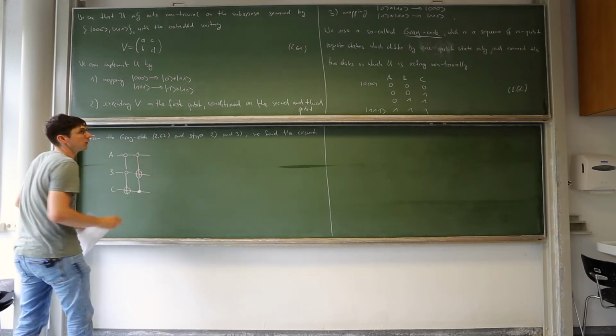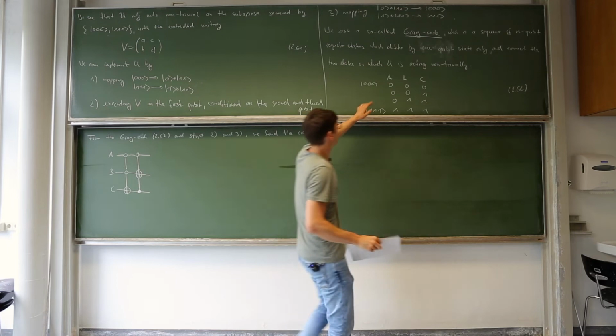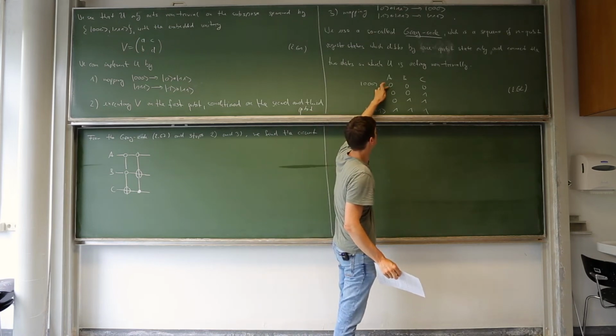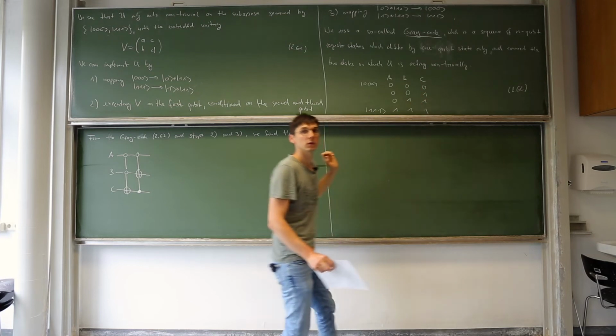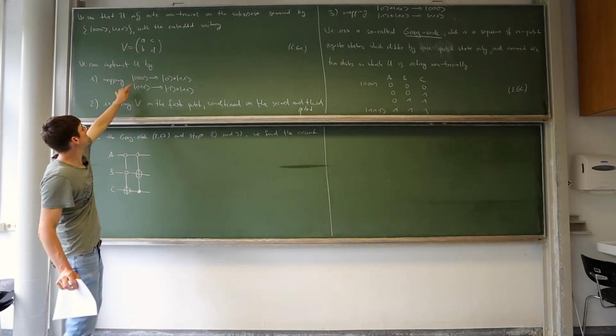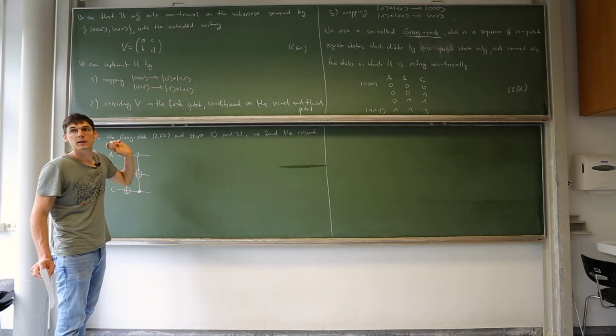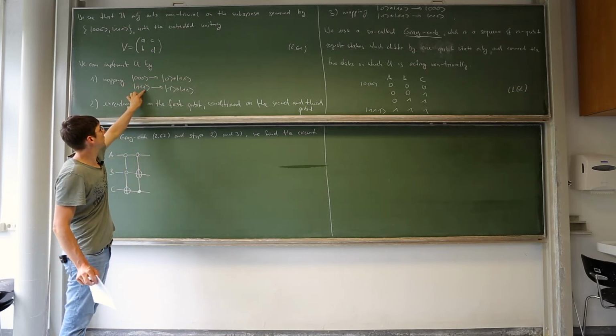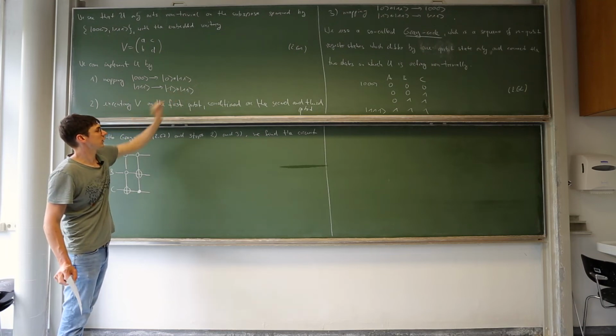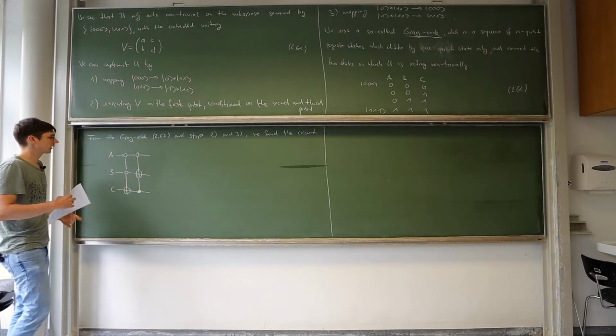Okay, and now what you see is, what we did now is we transformed the state 0, 0, 0 into the state 0, 1, 1. Right? This is exactly what we wanted to do. State 0, 0, 0 is now transformed to 0, 1, 1. And the state 1, 1, 1 is transformed to 1, 1, 1. So it stays the same. If you go through the circuit, it stays the same.